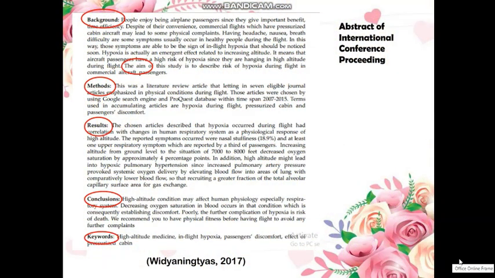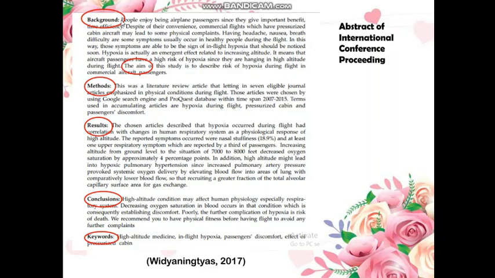Yeah, this is an example of an abstract. This is a research abstract for an international conference proceeding. Well, as we can see, this is the background section or introduction section. We can take a look here at what kind of tenses are being used in this section.